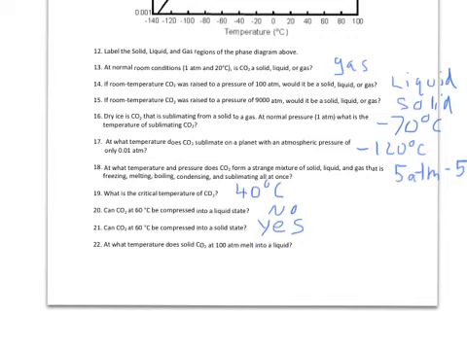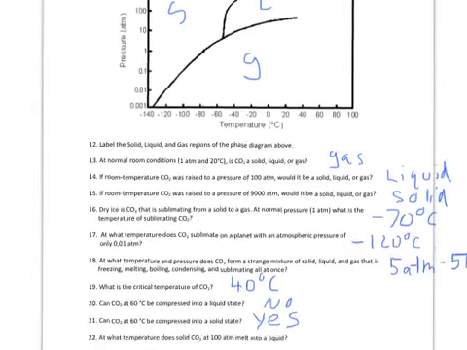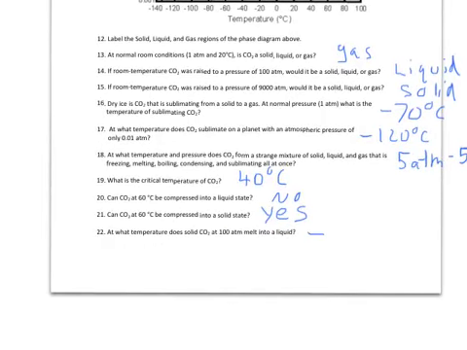So I want to go from a solid to a liquid at 100 atmospheres. So here I have 100 atmospheres, and it would melt at this temperature right here, which looks to be about maybe negative 50-ish. So let's go down there and write negative 50 degrees Celsius. Thanks for doing your homework, kids.